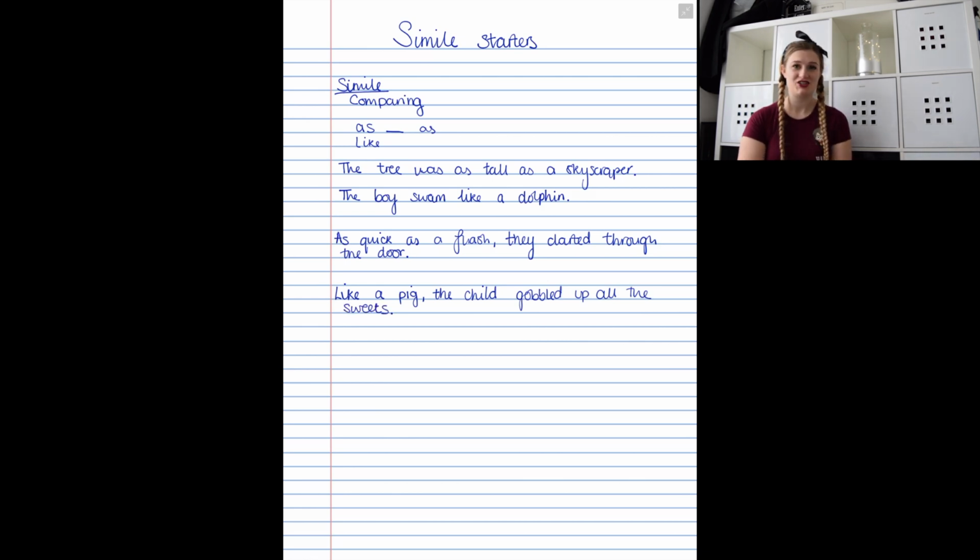If I left it just as "the child gobbled up all the sweets", then it's a good sentence because we're using a good adjective, good verb there, gobbled. But I've extended it even further and made it a bit more exciting by saying, like a pig, the child gobbled up all the sweets. It makes you think that they're not just eating them one by one, they're literally shoveling them all in their mouth. So that is our simile starters.